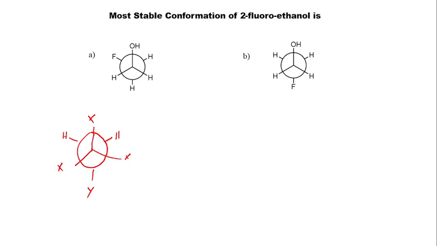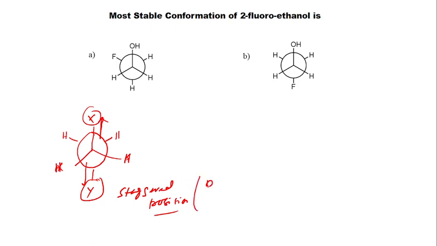If there are two different groups X and Y, mainly they are stable in staggered positions, due to relaxation in dipolar repulsion, because one dipole will be on this side, depending on the substrate, one dipole will be on this side, as well as due to relaxation in steric interactions.